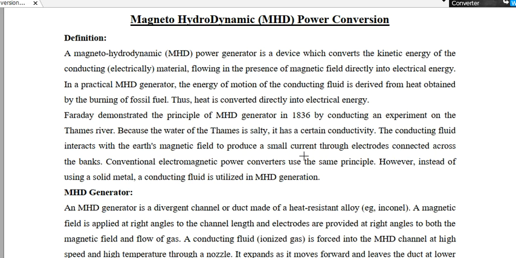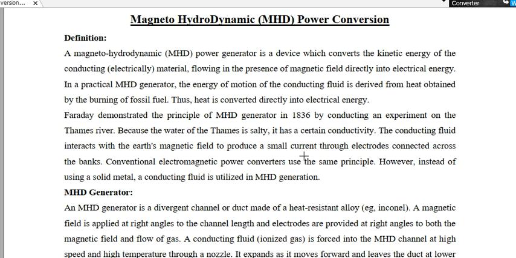But here, instead of using solid metal, we use a moving fluid, and this fluid is moved by the burning of a fossil fuel. So in this way, heat is directly converted into electrical energy.